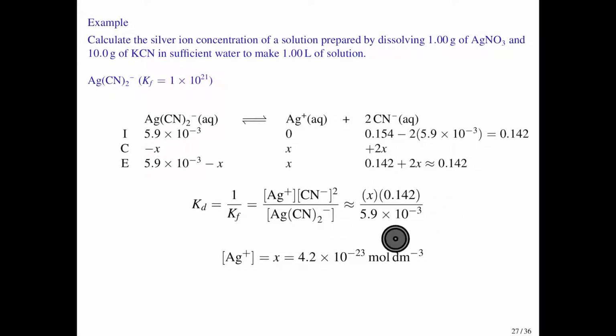Then you solve this equation algebraically for the value of x. That's going to be equal to the silver ion concentration, and in this case you get a value of 4.2 times 10 to the minus 23 moles per liter, which is very, very small. There's essentially no free silver in this solution.